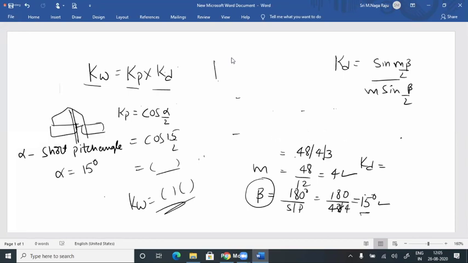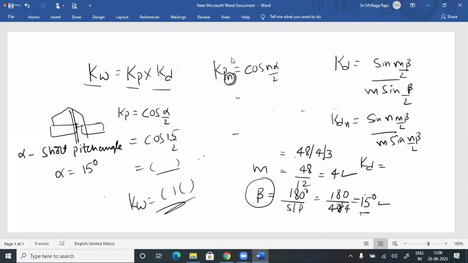If you recall the formula for KPN, what is n here? Order of harmonics. Very good. For the nth harmonic, the formula is cos n alpha by 2. Similarly, KDN for the nth harmonic equals sin n m beta by 2 by m sin n beta by 2.